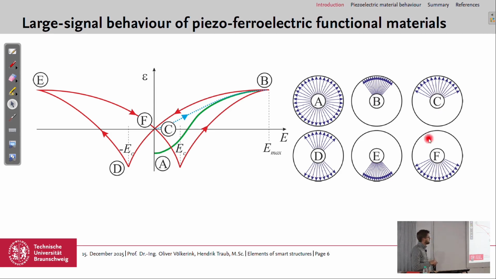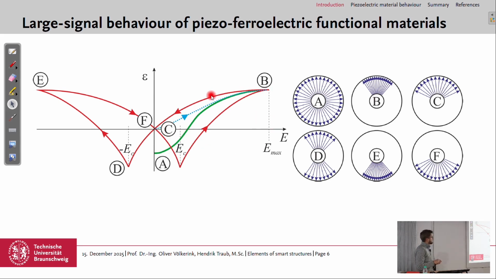And also due to that, we have a remnant strain between this point and this point, comparing the unpolarized piezoceramic with the polarized one. And you could also shift up this butterfly hysteresis and define that this point A is 0 strain, so it depends on the definition.